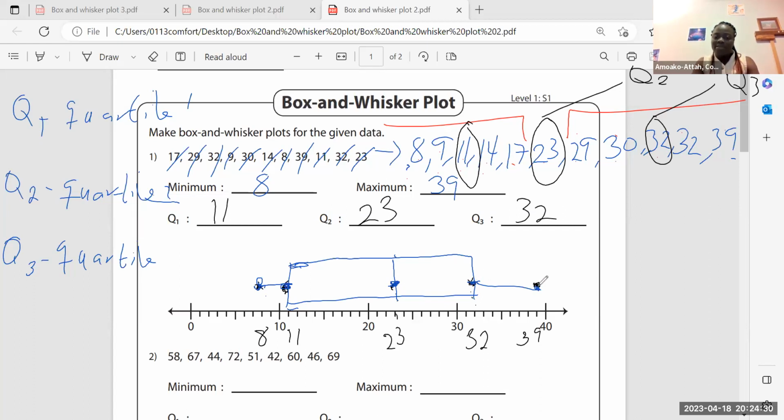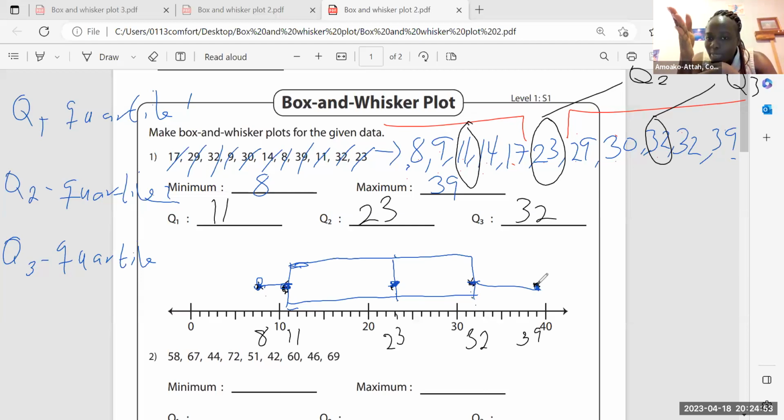Then we have our maximum value over here. So this is how to make a box and whisker plot. One, rearrange the numbers. Two, split the numbers into equal halves. Then you pick the middle number of the first half as your Q1. Then also in the second half, pick the middle number as your Q3.